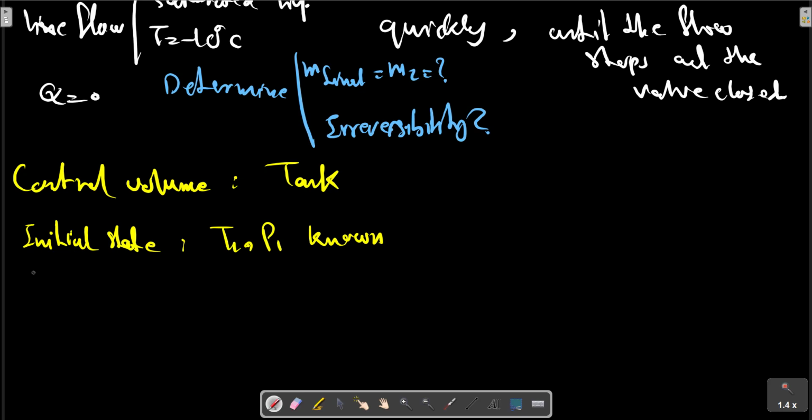Now the inlet state, Ti, Xi. Now saturated liquid.